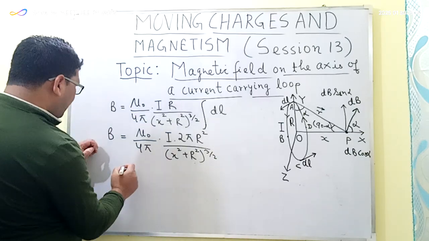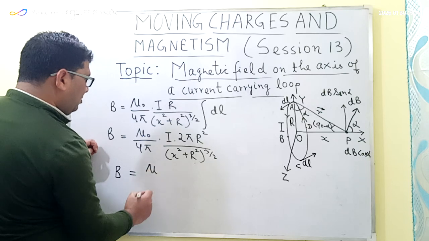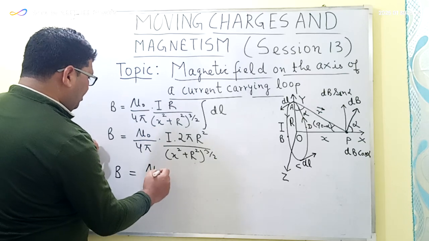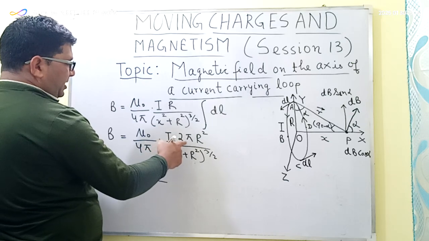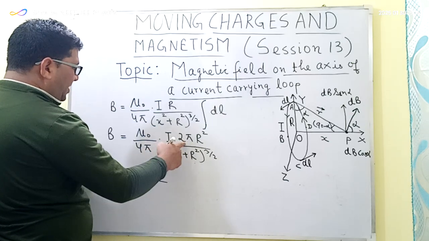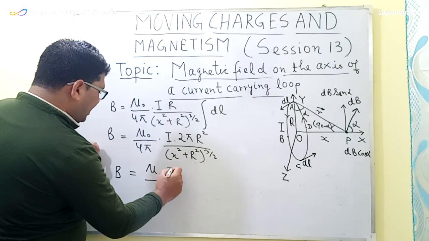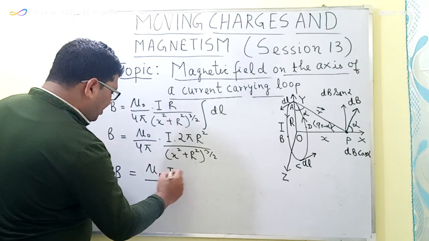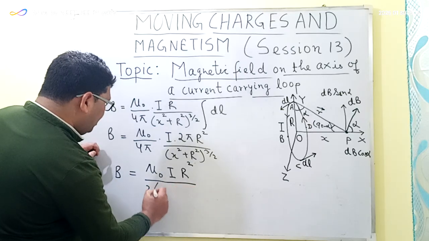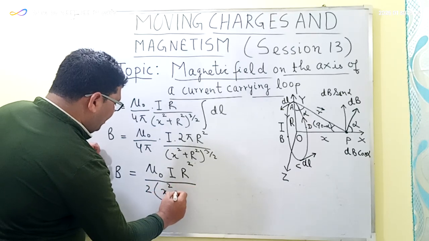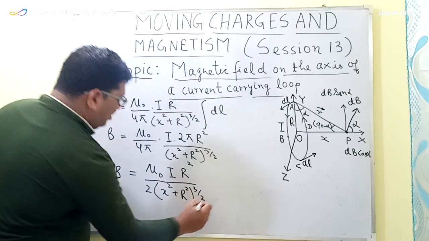So from here you can write this equation as mu naught, and 2 pi upon 4 pi is equal to 1 by 2. So I can simply write this as mu naught into I into r square divided by 2 times (x square plus r square) to the power 3 by 2.